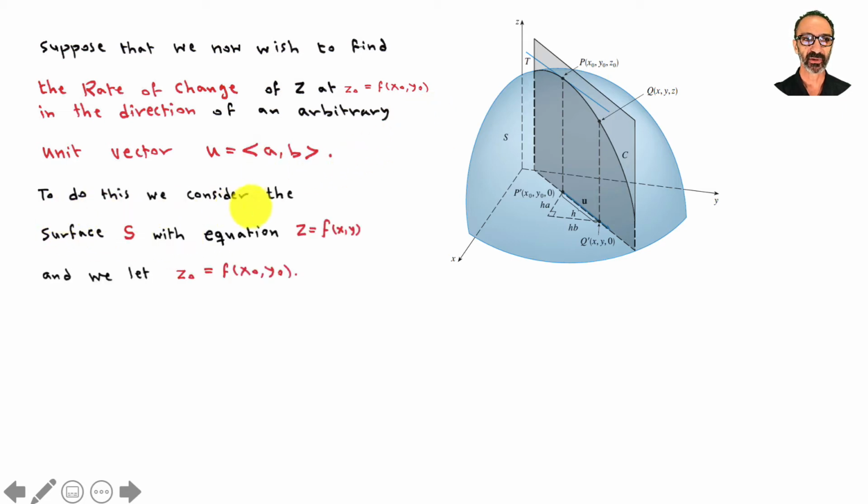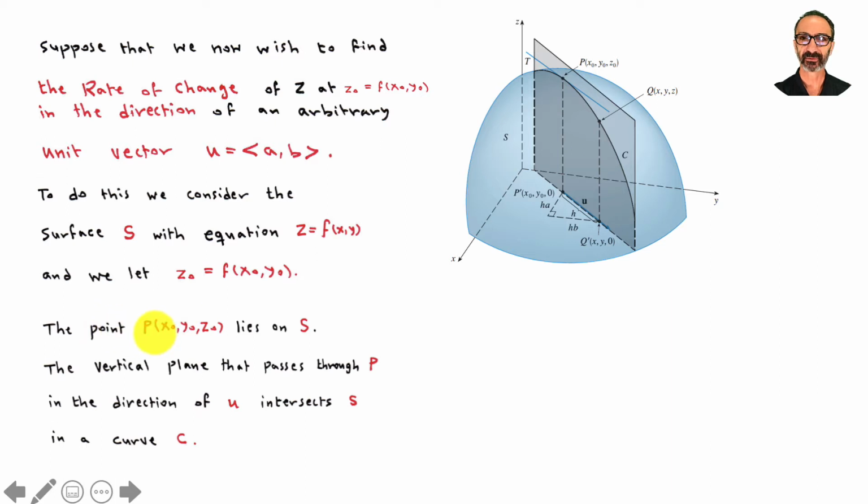To do this, we consider the surface S with equation z equals f of x y, and let z sub 0 equals f of x sub 0 y sub 0. So the image of this point will be up right here.